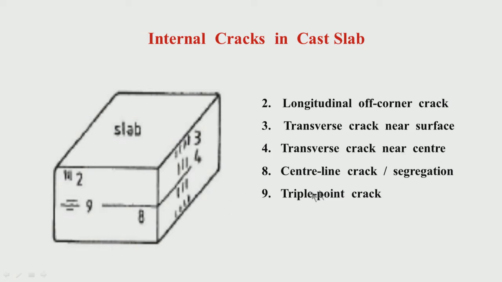Okay. So, now let us look at center line crack or segregation. Here you have taken a section and are looking at the center. So, you may have cracks, you may have a lot of segregation. So, I am calling it center line crack or segregation. Sometimes they are combined together, sometimes separately you can have crack, you may not have crack, but segregation is normally present always.